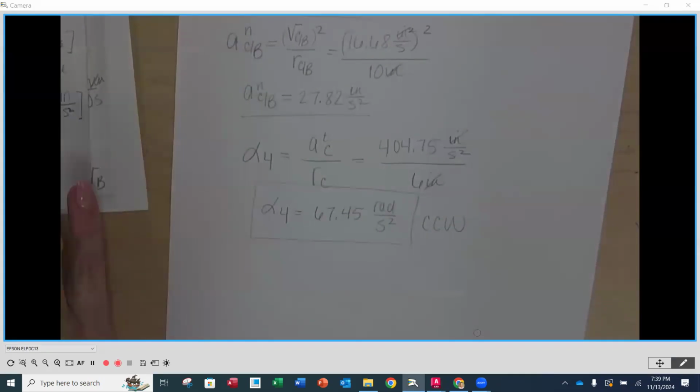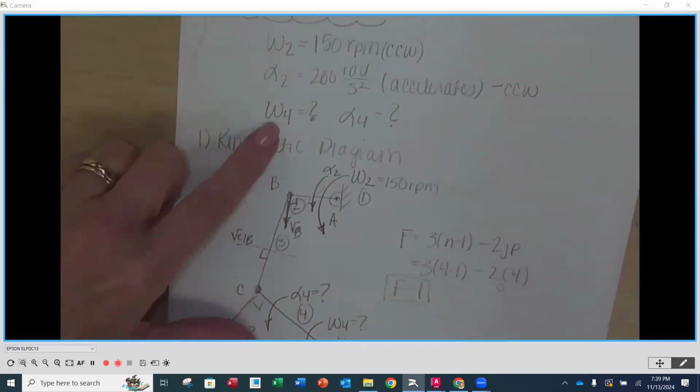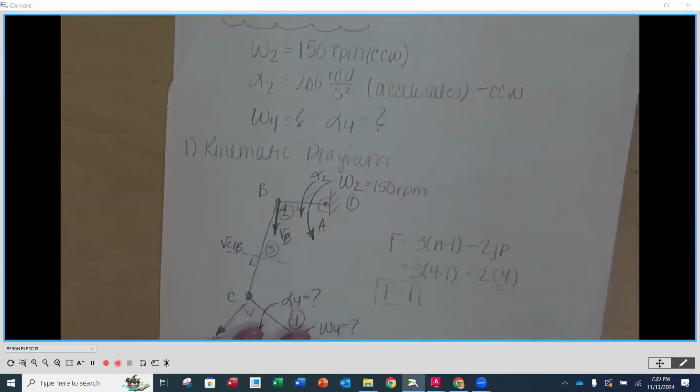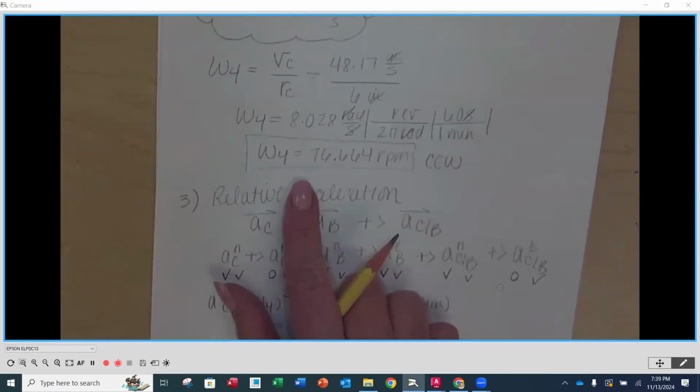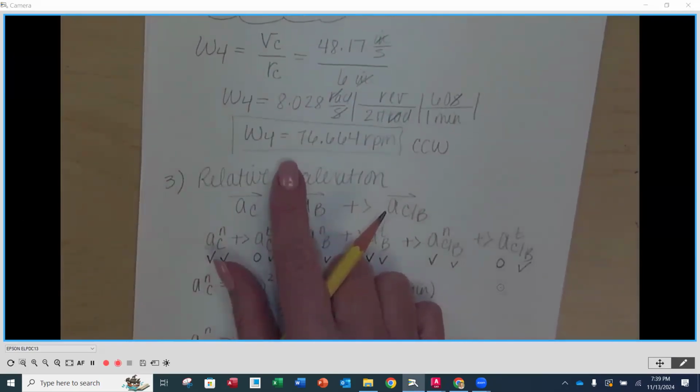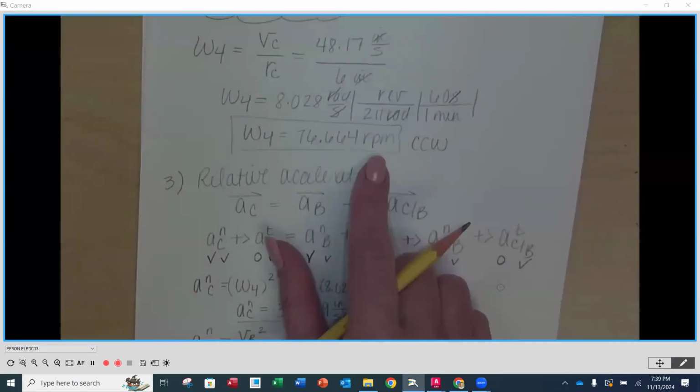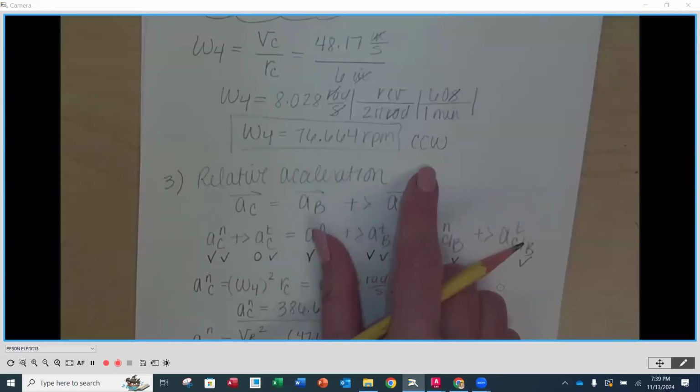If I remember correctly for this problem, we needed to find W4, the angular velocity of link number 4. We found that after we did our relative velocity, and we found it to be 76.664 RPM counterclockwise, I'm sorry.